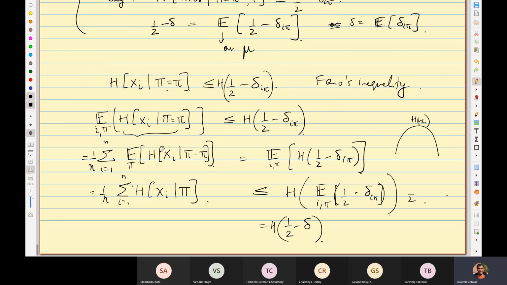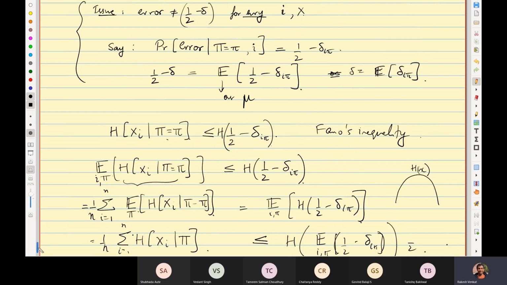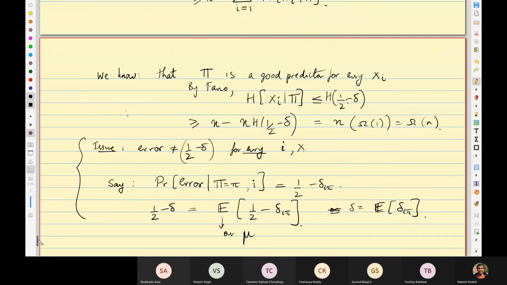Sorry about the slight mess up, but the idea is that we use concavity to average over the errors in every individual coordinate, because you cannot predict a worst case point error of half minus delta.